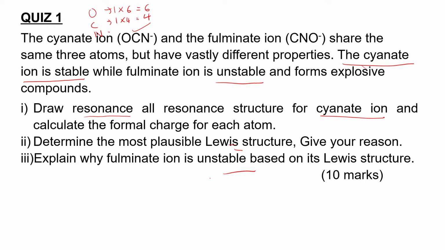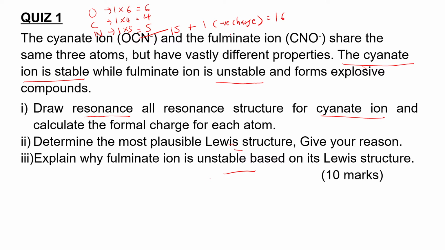Nitrogen, 1 times 5, so we have 5. So total number of valence electrons here is 15. Then we add 1 for negative charge. So in total we have 16 electrons.